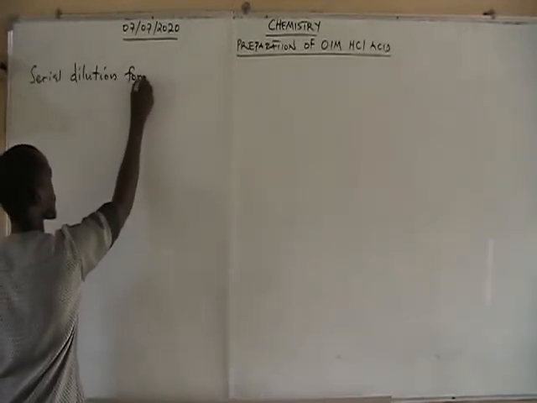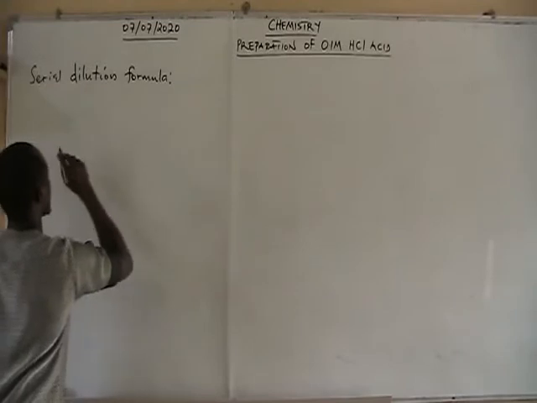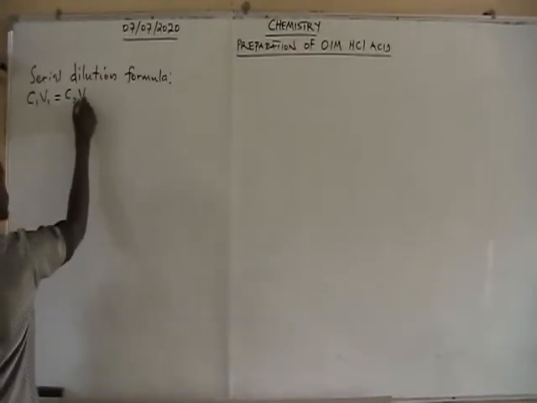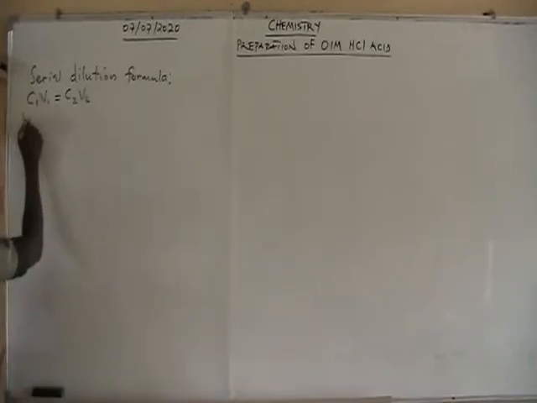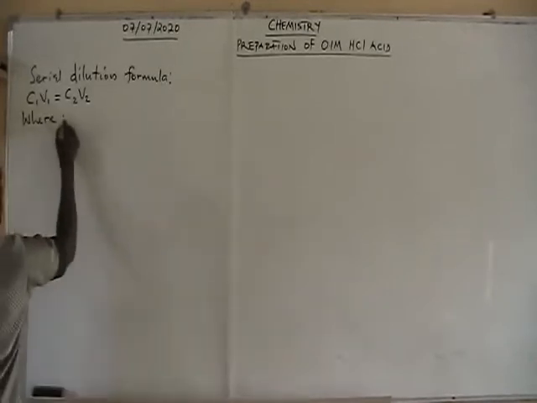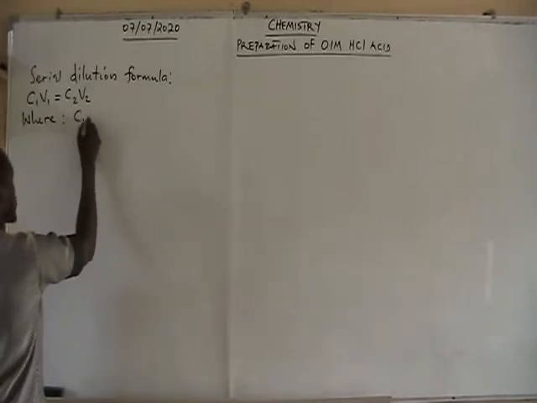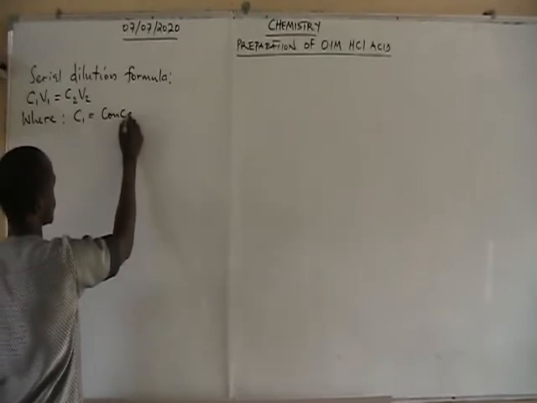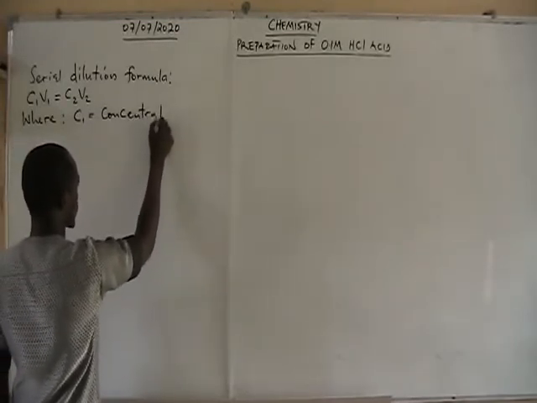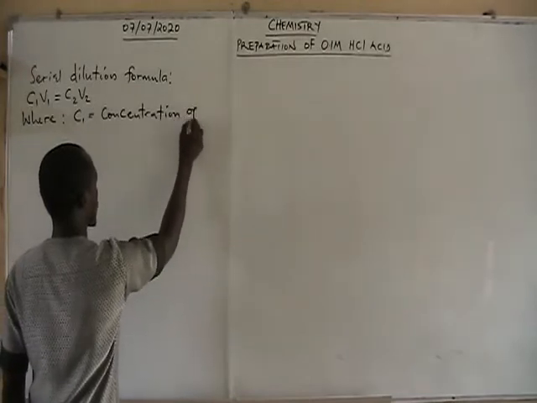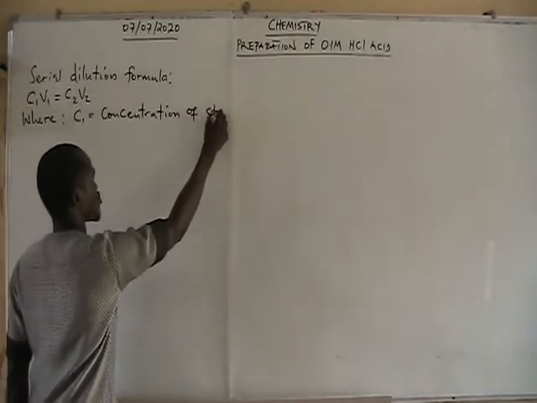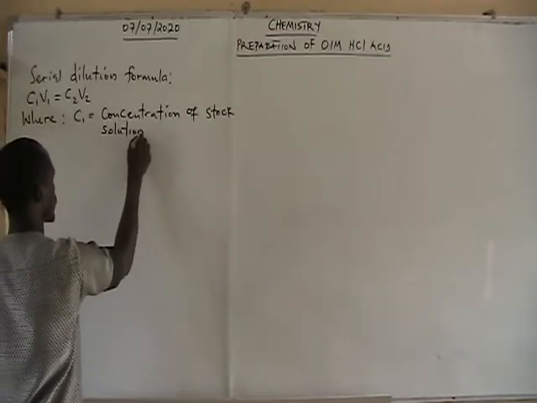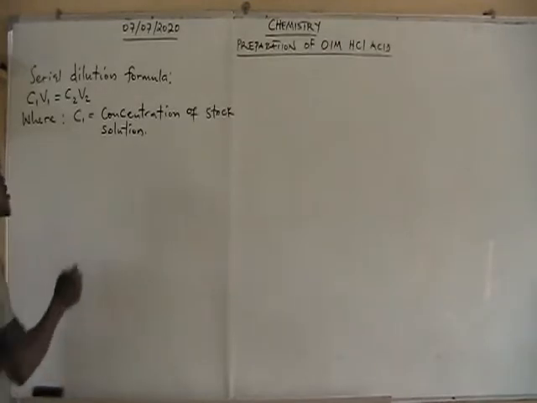The serial dilution formula is C1V1 equals C2V2, where C1 is the initial concentration, which is the concentration of the stock solution.